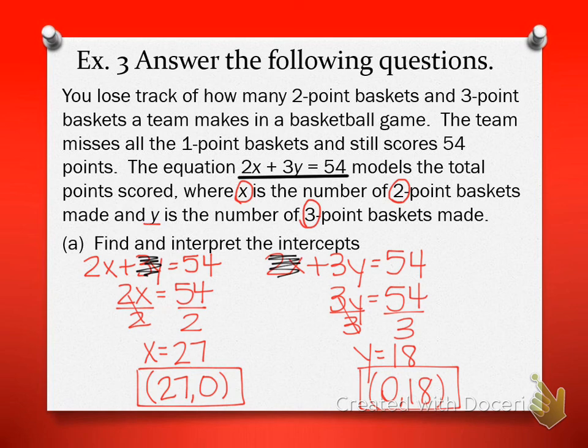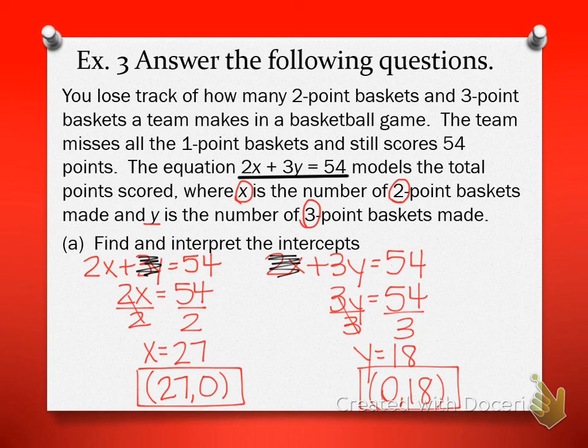You ready? I don't have room up here, so just listen to my voice and write it down. The team either scored 27 2-pointers and 0 3-pointers, or they scored 0 2-pointers and 18 3-pointers.